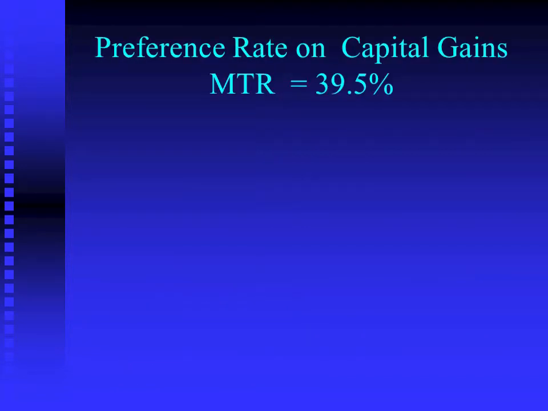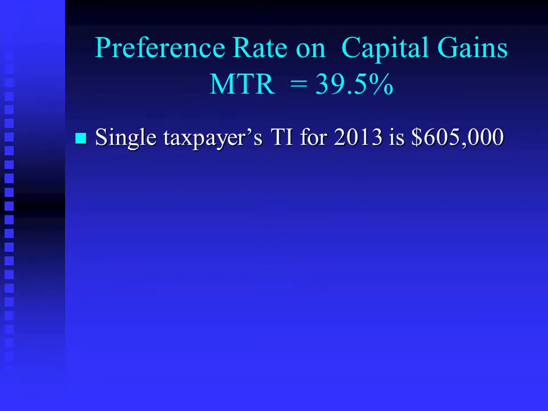So the preferential rate on capital gains, let's try the rich guy. Marginal tax rate in the next example is going to be 39.5%. So this guy's got lots of income. We know that his qualified dividends will be taxed at 20%. If he has any net 1231 gains that are not from collectibles or relating to that 25% rate, his tax on those capital gains will be at 20%.